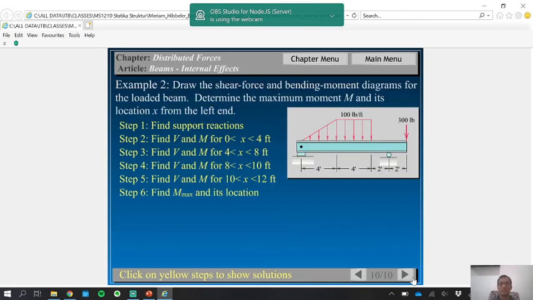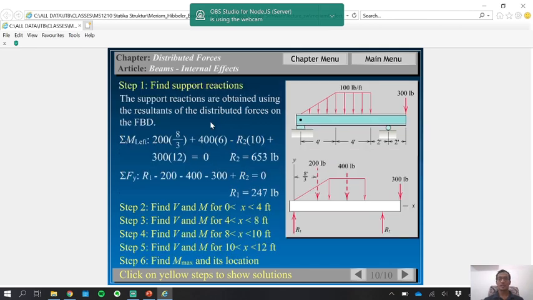This is another case that we can discuss. As usual, if we have this kind of problem, always start with the support reaction.